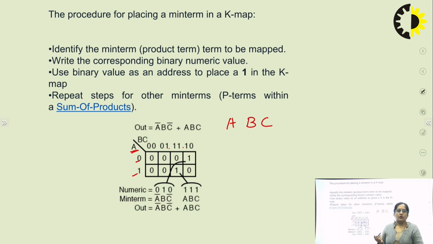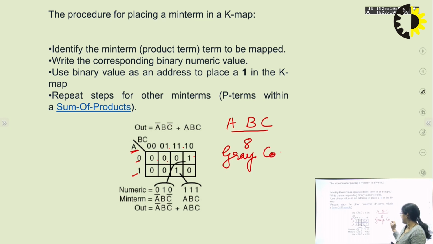When we are drawing this K-map, we have to make the cells. As I told, there are 3 variables, so we have 8 cells. We have to keep in mind that we have to use gray coding. Single bit change, single bit transition is a must for numbering the K-map cells.